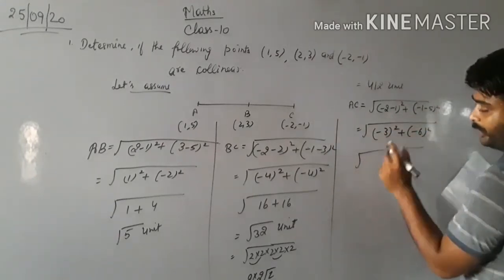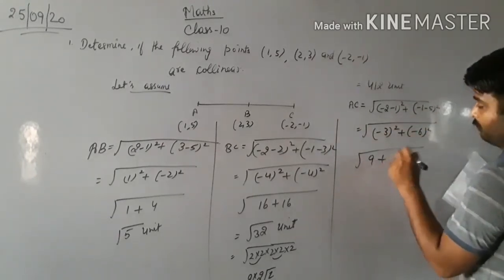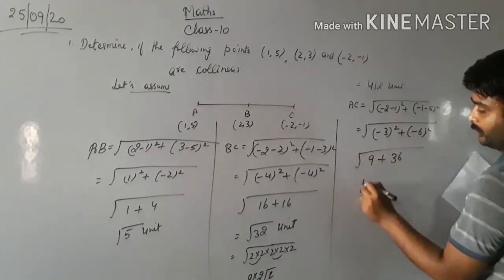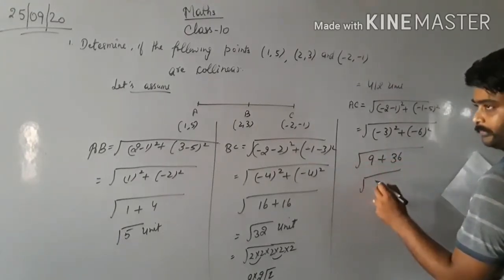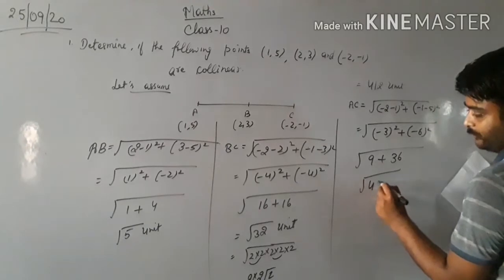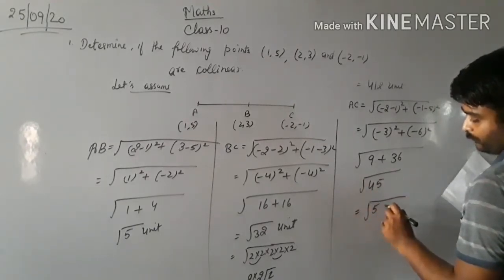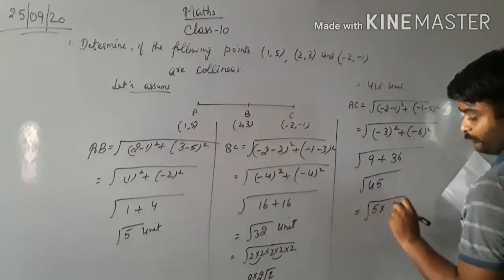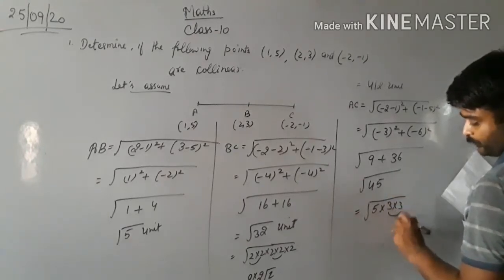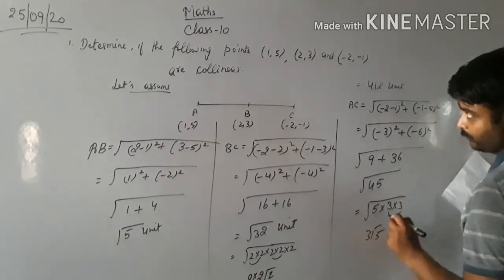So -3 whole square is 9, -6 whole square is 36. So it can be written as root of 36 plus 9. It's 45. So 45 can be written as 5 times 9, and 9 is 3 squared. So 3 is in pair, so 3 root 5.